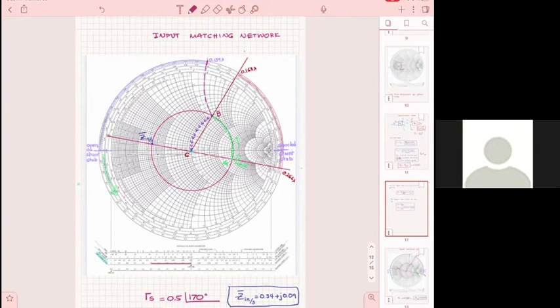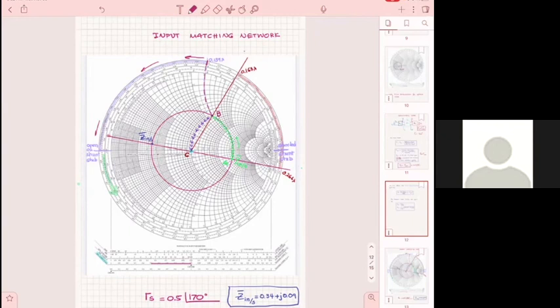A stub is only reactive. It does not have a real value. So to be able to find the length of the stub, you need to move this way. So we can stop at open circuit, or we can stop at short?